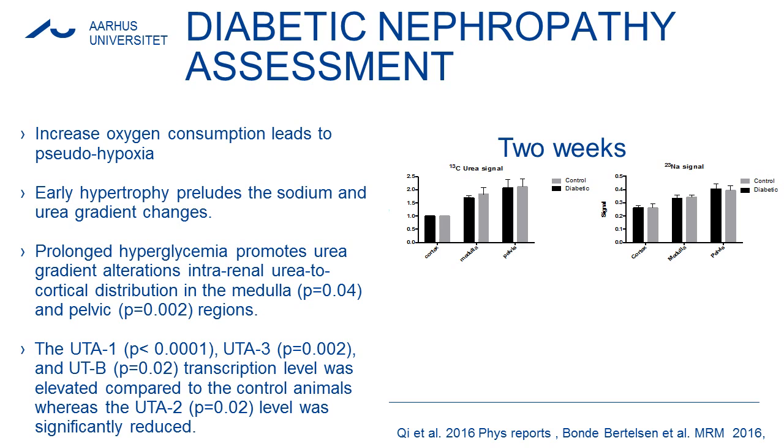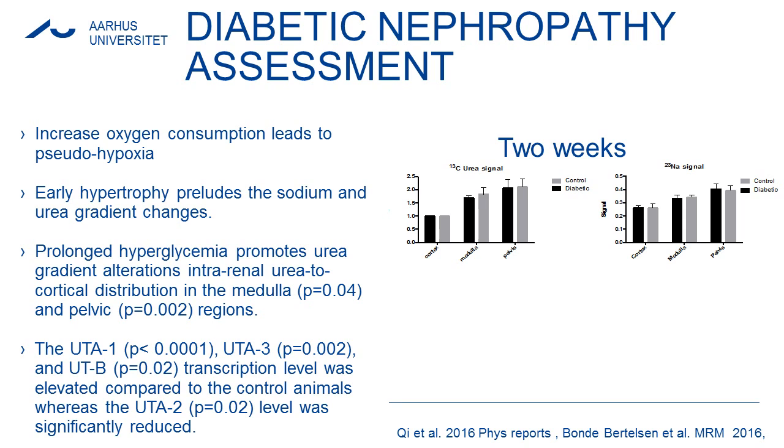Based on this gradient going throughout the kidney tissue from the cortical to the medulla side, we wanted to examine a diabetic model where we see an increased oxygen consumption, which could lead to pseudohypoxia, and we wanted to explore whether urea could be used as an imaging marker when it was hyperpolarized.